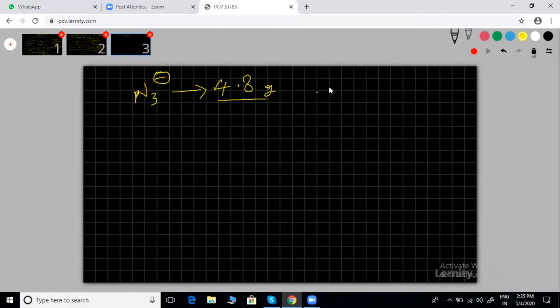Take the weight 4.8 grams. Only valence electrons.